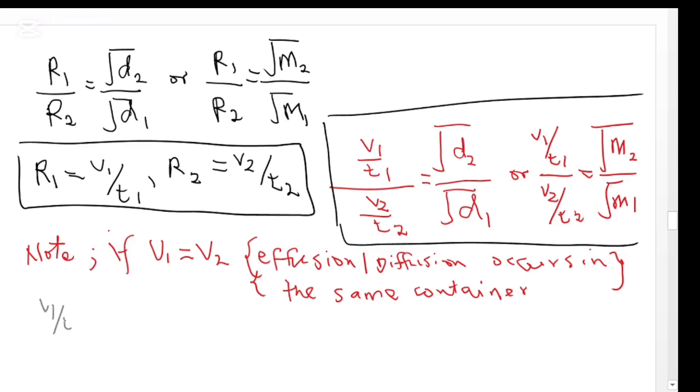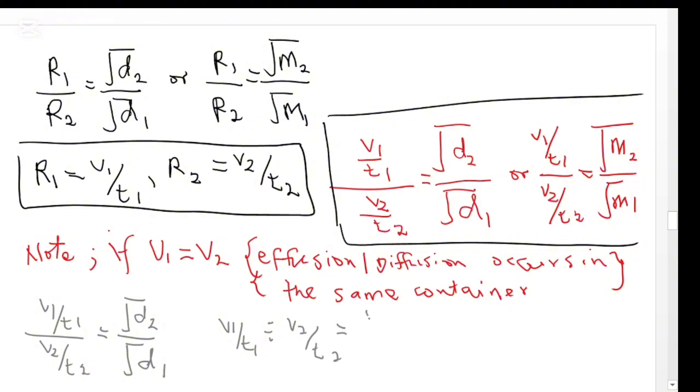V1 over T1, everything divided by V2 over T2 equals square root of D2 over square root of D1. So this becomes V1 over T1 times, we change the division sign to multiplication sign, T2 over V2 equals square root of D2 over square root of D1.